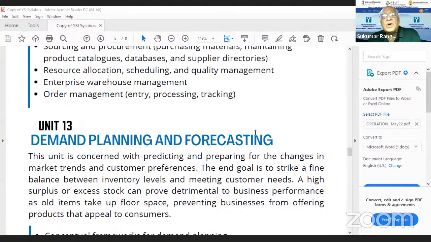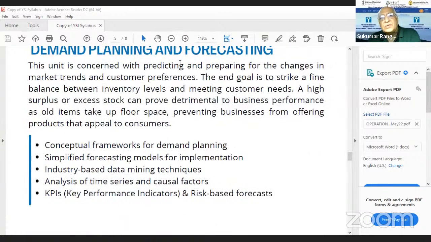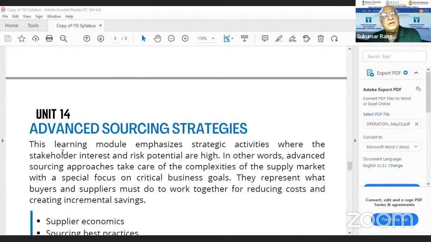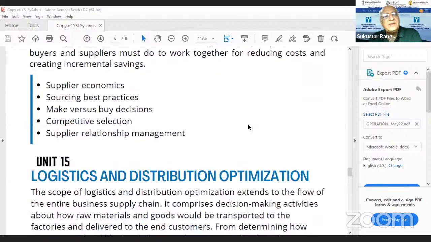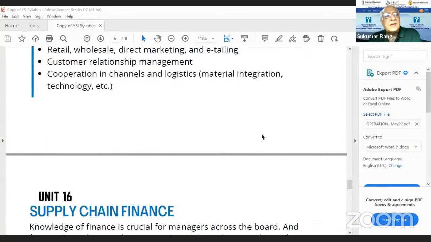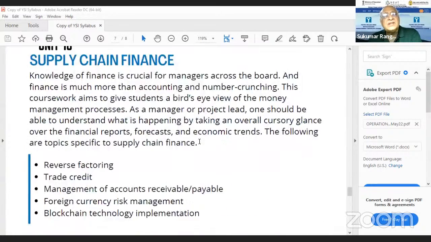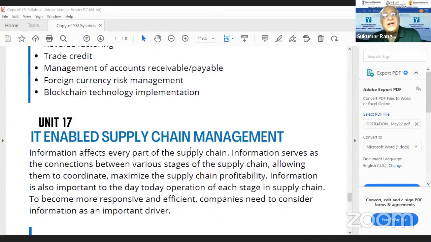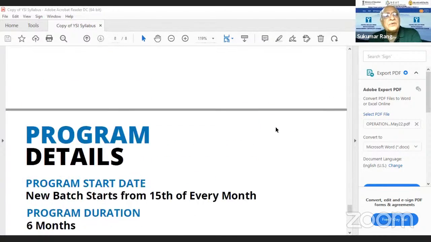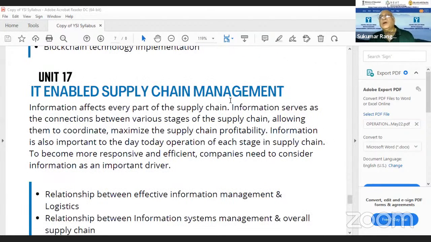Then demand planning and forecasting, but I think this should have come earlier. Anyway, I'll talk to Rekha ma'am about it. Advanced sourcing strategy, logistics and distribution optimization, supply chain finance, IT-enabled supply chain management. So this is the total for this particular module.